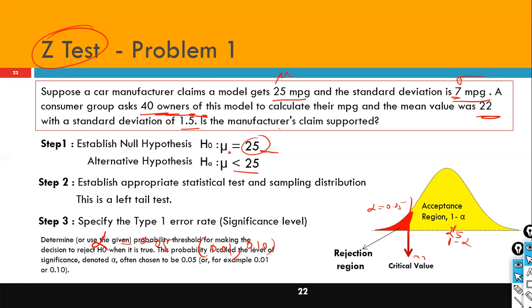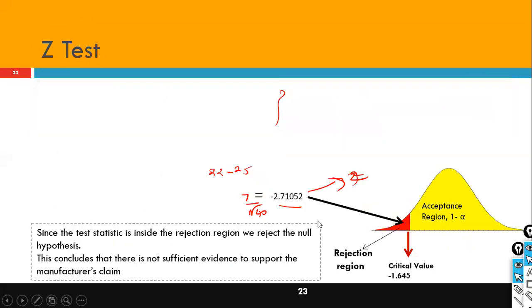When we looked up 0.95 in the Z distribution table, horizontally and vertically, we could see 1.645. And as per the formula, we are getting the Z value -2. Since -2 is less than the critical value -1.645, it is falling in the rejection region. Hence, we are going to reject the null hypothesis.